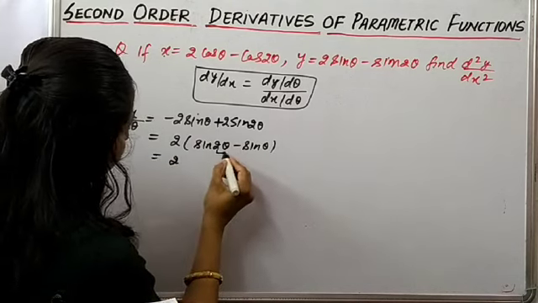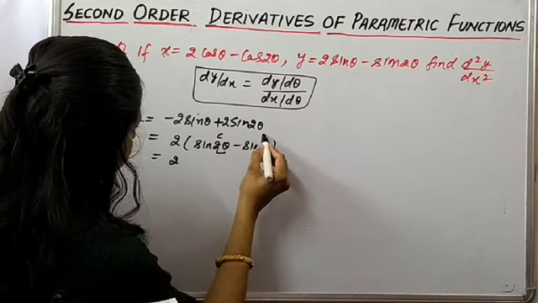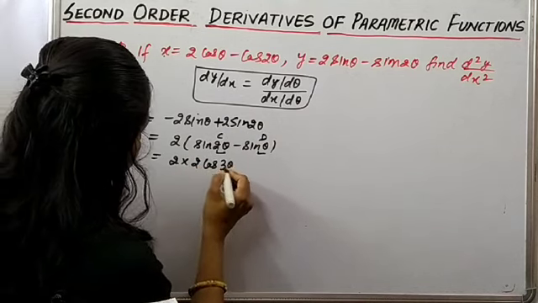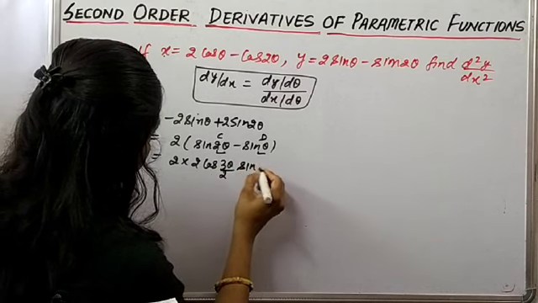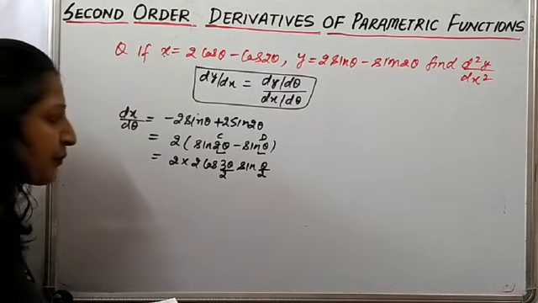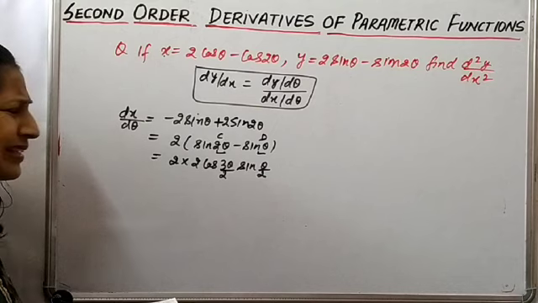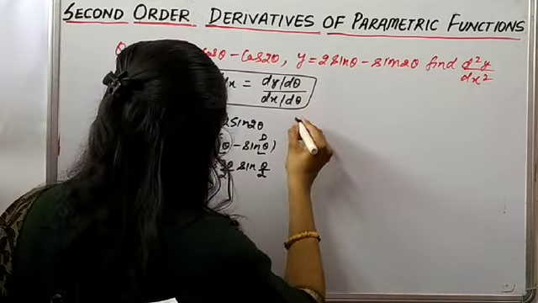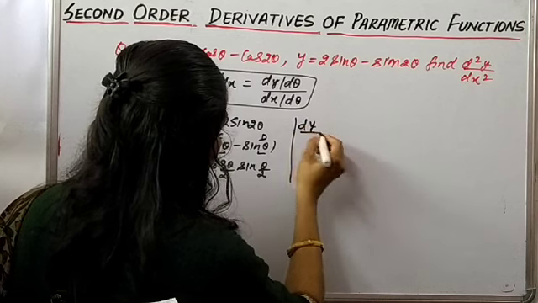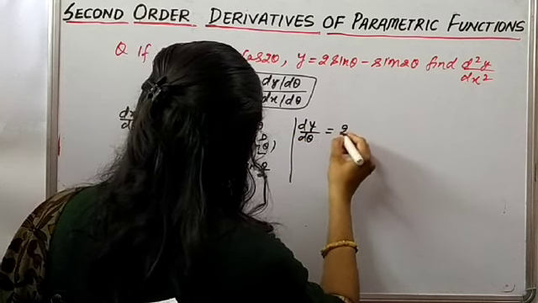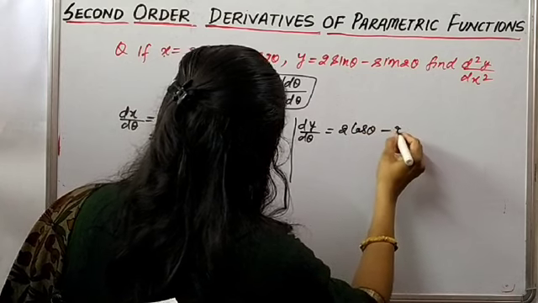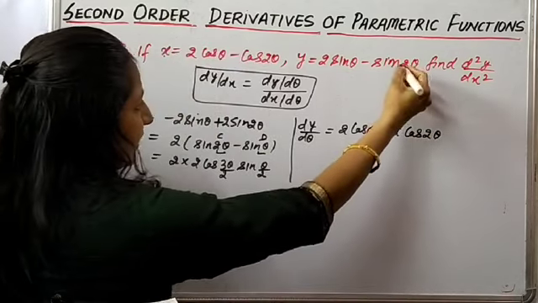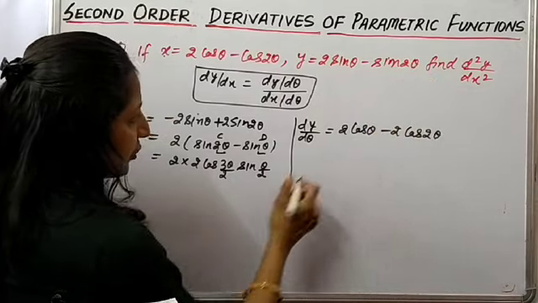Now we will apply the formula of sin c minus sin d. It will be 2 cos of c plus d by 2 into sin of c minus d by 2, right? You have studied this in class 11. And then dy by d theta is equal to 2 cos theta minus 2 cos 2 theta, because the derivative of sin 2 theta is cos 2 theta, and then the derivative of 2 theta is 2.